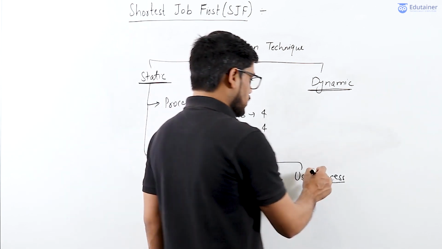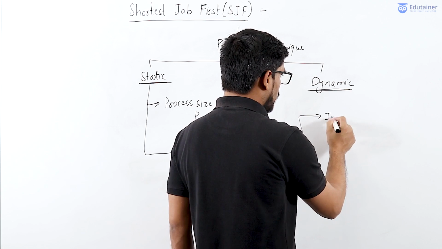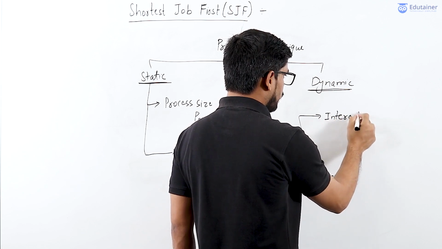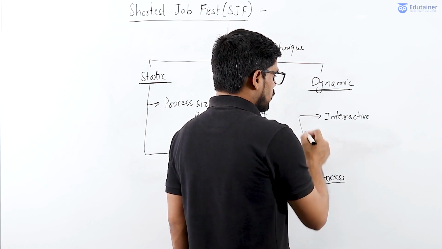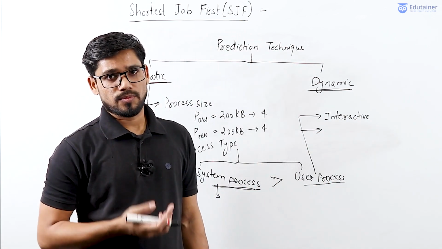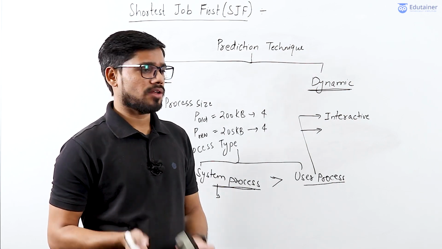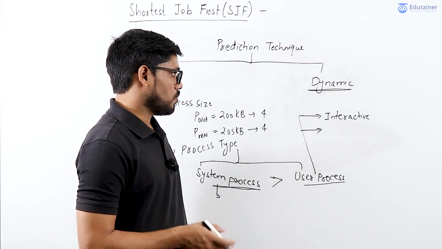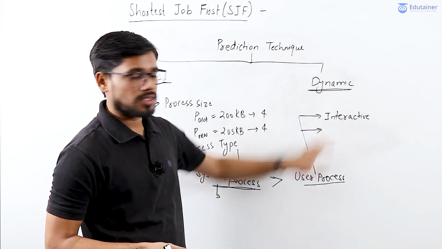And user processes are again categorized into three parts. One is interactive. In an interactive process, you can continuously interact with the application running on the operating system. So continuous interaction is required in an interactive process.